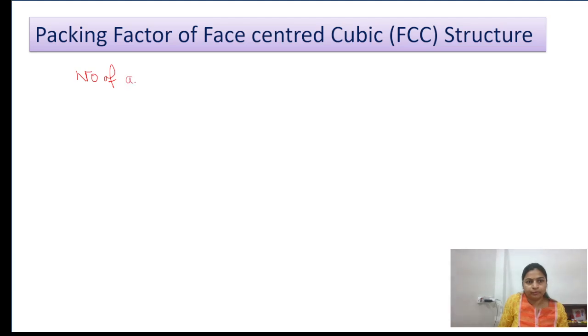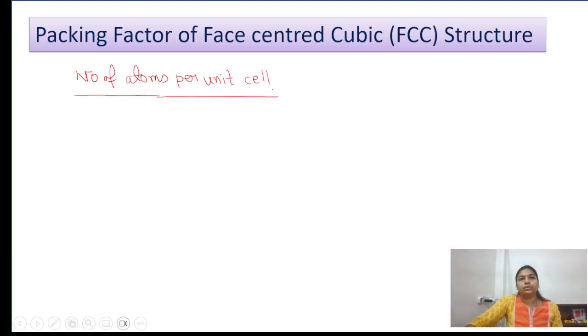Number of atoms per unit cell. So there are 8 atoms, each shared by 8 unit cells, and they are at the 8 corners.